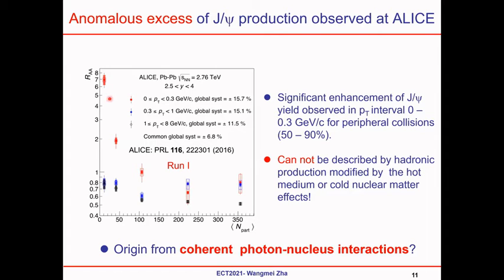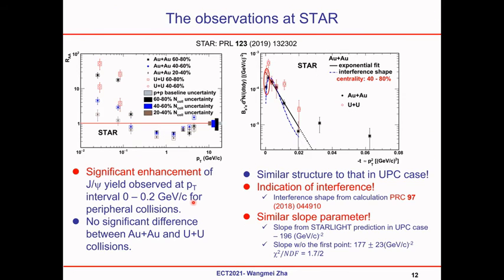And we know the only gain effect for hadronic production in the overlapping region is the regeneration. However, for that small pT range, pT less than 0.3, the effect should be negligible, and so we are guessing it's coming from coherent photon-nucleus interactions.